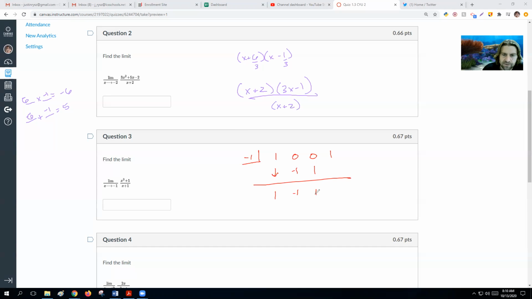Add them together is +1. +1 times -1 is -1, and that's 0. That's happy. It's a root. So the top would come out to be (x plus 1) times (1x squared minus x plus 1). All right, so cancel things out, plug it in.